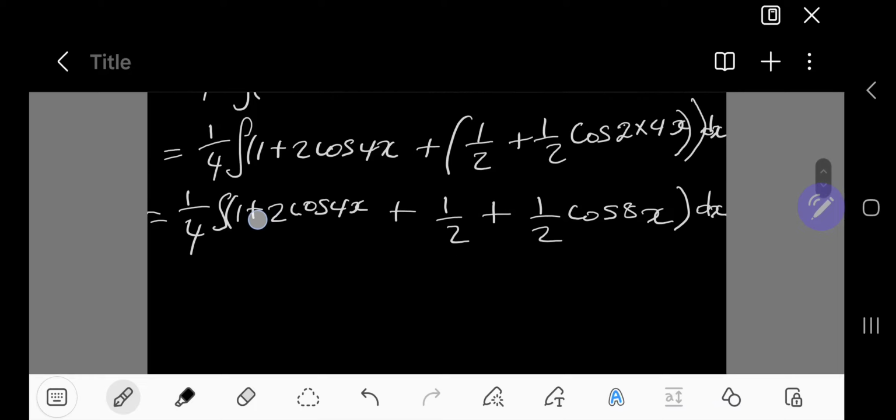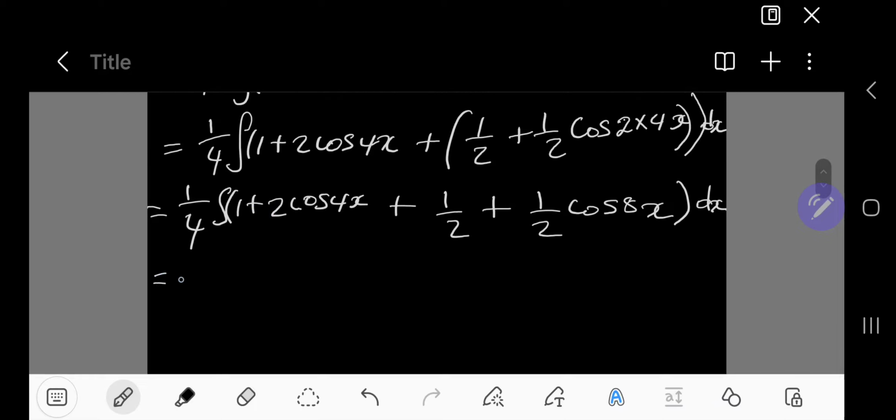Now we can integrate this. This is going to be 1 over 4, let's open big brackets. If we integrate 1, that's going to give us x, and if we integrate 2 cos 4x, this is going to be 2 and then minus sine 4x divided by 4.